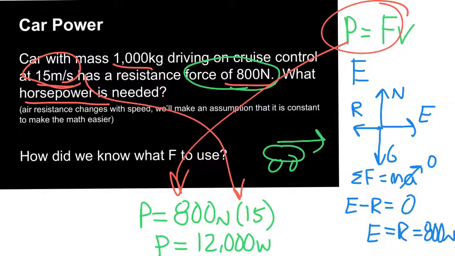And are we done yet? Not quite, because we need horsepower, and we know that 1 horsepower is equal to 746 watts. So we do 12,000 divided by 746, and we find out we need 160 horsepower to make this drive.